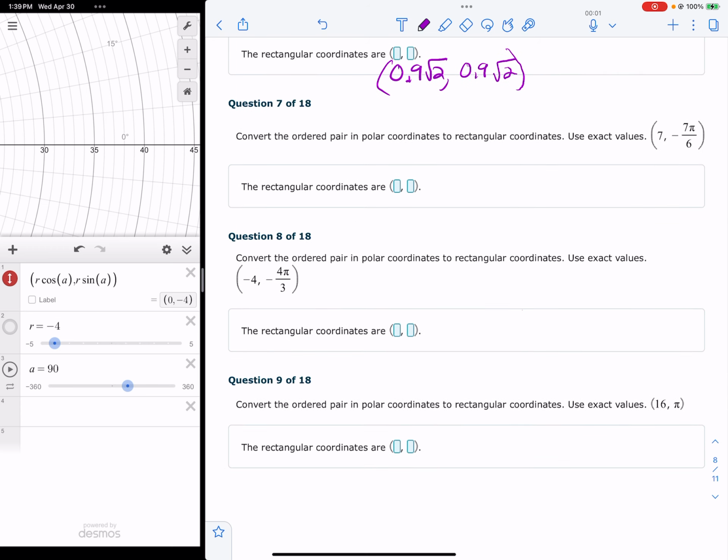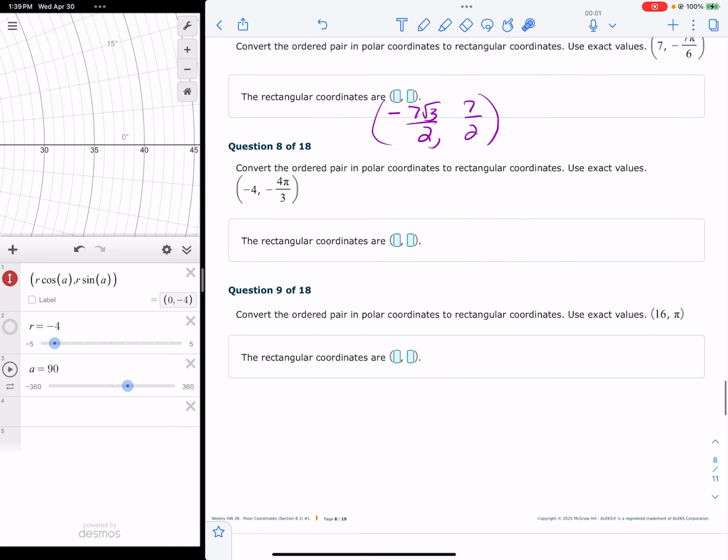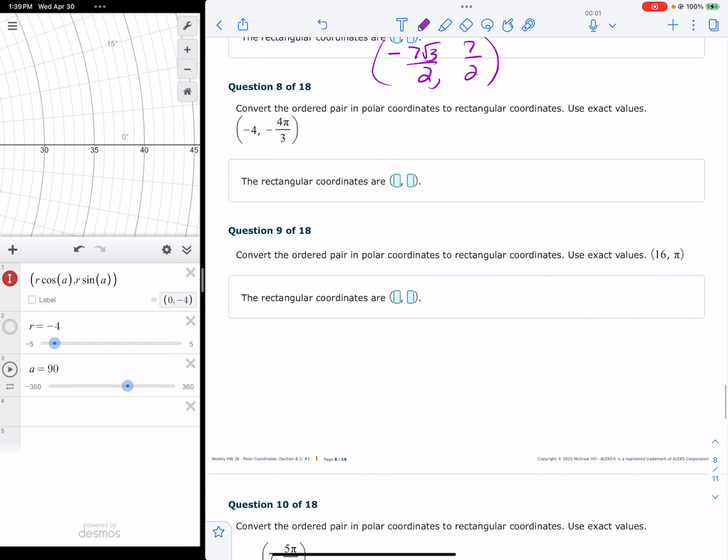For number 7, you should get -7 square root of 3/2 as your X, and you should get 7/2 as your Y. Make sure you're paying attention to the fact that your angle is negative here. For number 8, you should get 2 and -2 square root of 3.